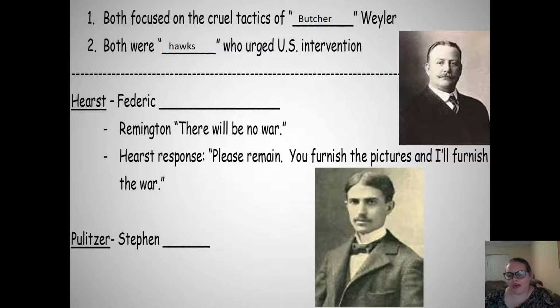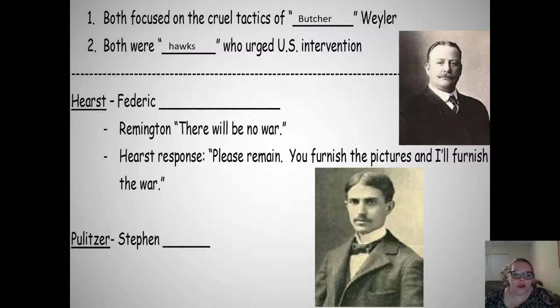So hawks are more of a use force first type of person. Both of these newspaper editors are going to be hawks, which means they're not going to be talking about friendly, let's have sit downs with Cuba and Spain and see if we can work this out. There are not going to be gentlemen's agreements here. They are going to be urging war with Spain or Cuba.